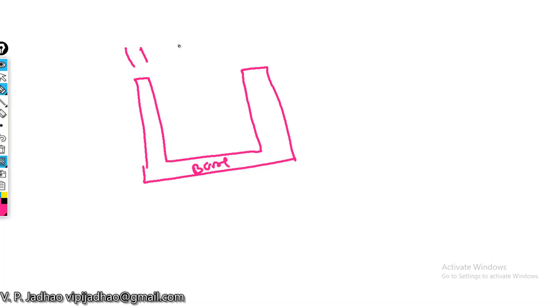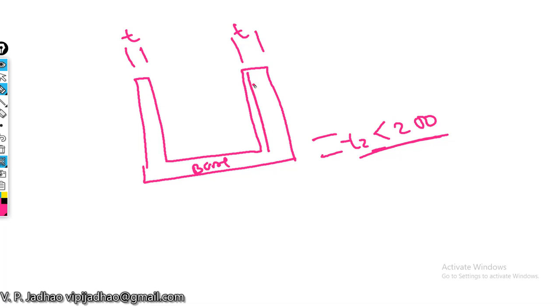If the thickness of this particular member is less than 200 mm, then steel reinforcement can be provided on one face like this. And here at the bottom. So like this we can provide the steel reinforcement.